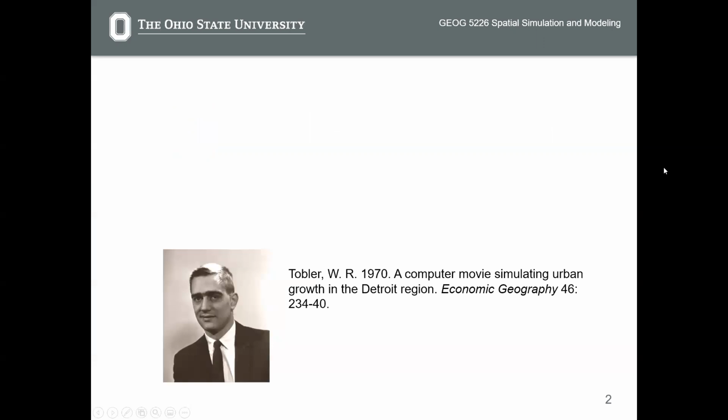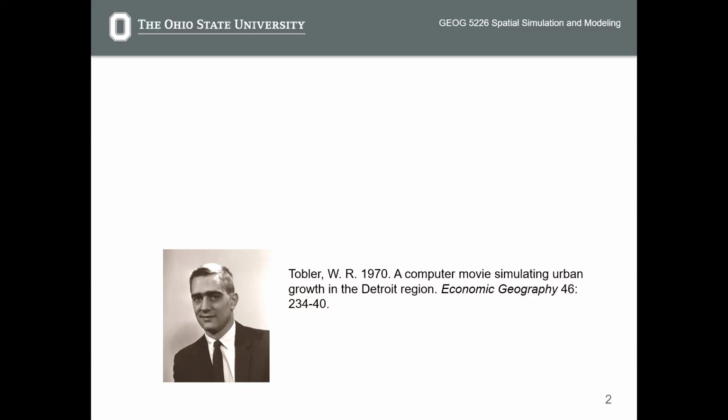First thing first, before going into the world of aggregation and segregation, I want to mention this professor, Tobler. It should be W.R. Tobler, so Professor Tobler. He used to be a professor at the University of Michigan, okay?